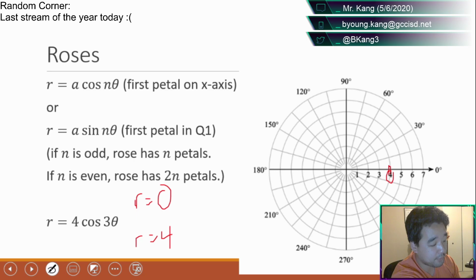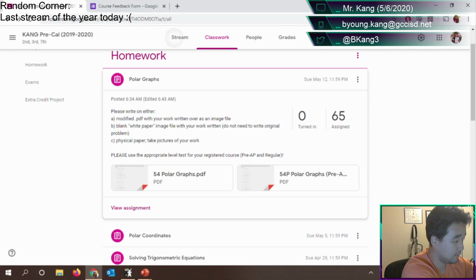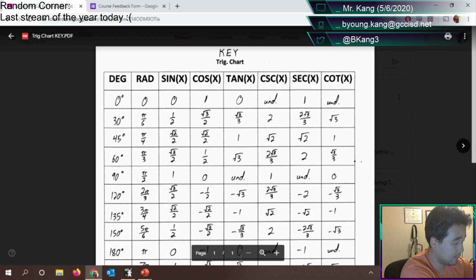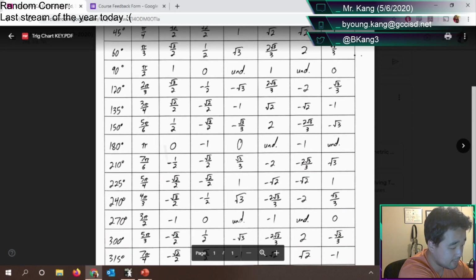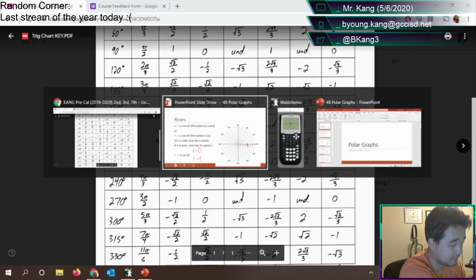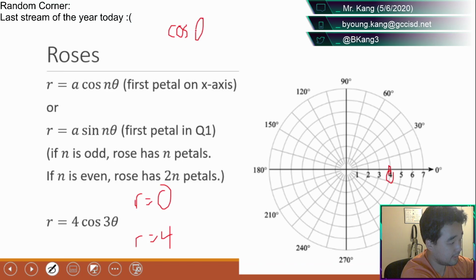But notice how you have 3 theta here. So when is cosine equal to 0? Let's actually flip back over to the trig chart. When is cosine equal to 0? Well, it's equal to 0 at 90 degrees and at 270 degrees. So I'm going to write it off to the side here. So cosine theta equals 0 at 90 and 270.